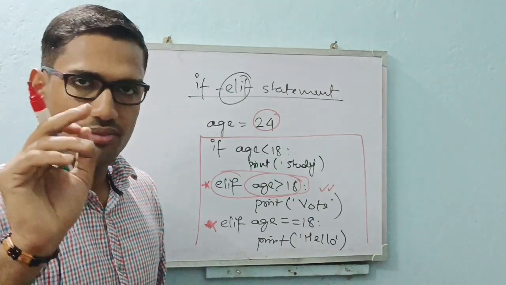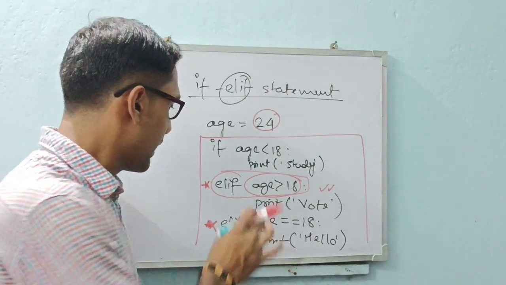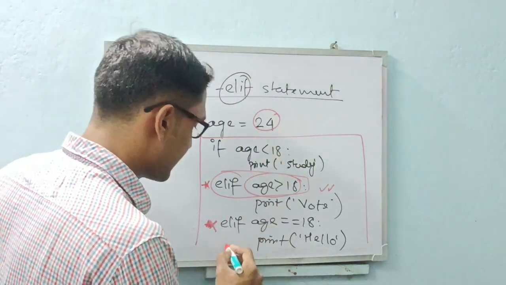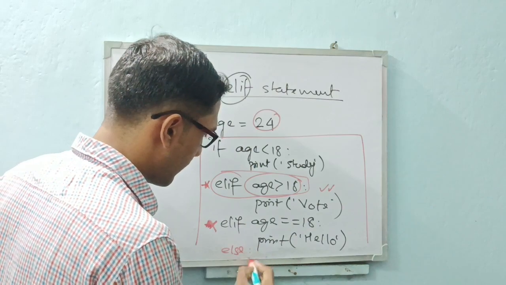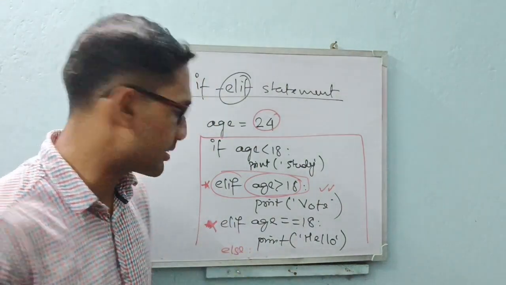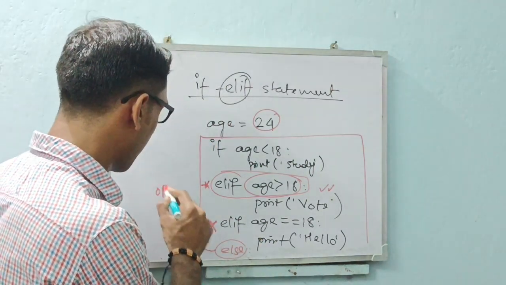Now, this is the first important point. Second, the else, suppose some body of else exists. This else is totally optional.